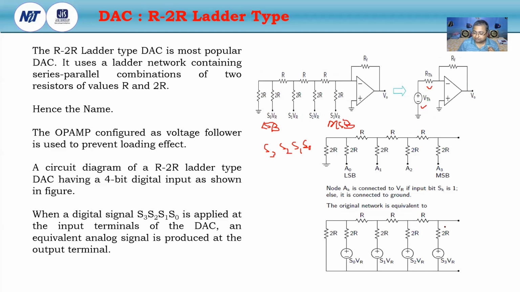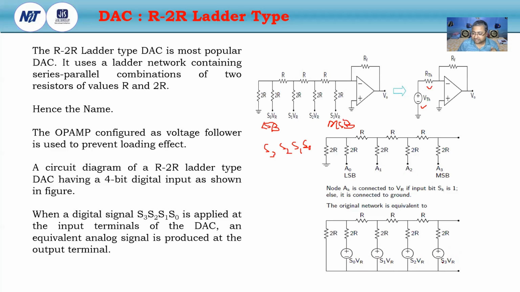If we connect the voltage sources as A3, A2, A1 and A0, or VA, VB, VC, VD, different books show different notation. In principle, these are weighted voltage sources, where S3, S2, S1 and S0 are the digital data. I will come to this in a later section with an example.